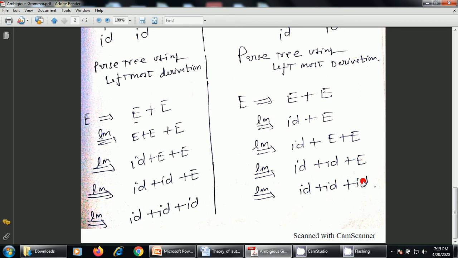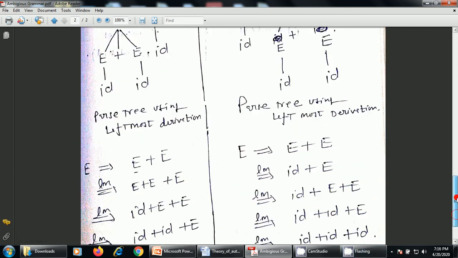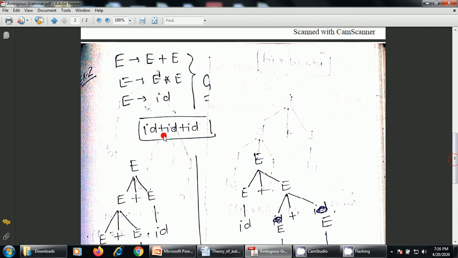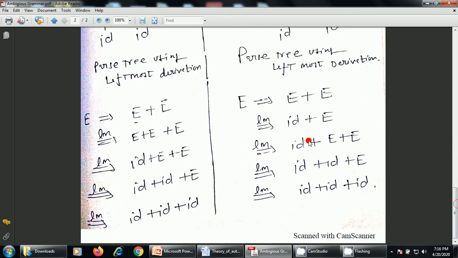Now id plus id plus id is again generated. This is leftmost derivation 1, and this is leftmost derivation 2. This means for this string two leftmost derivations are possible, and we know that for a particular string, if two leftmost derivations or two rightmost derivations are possible, then the given grammar is ambiguous. So hence proved that this grammar is ambiguous grammar.